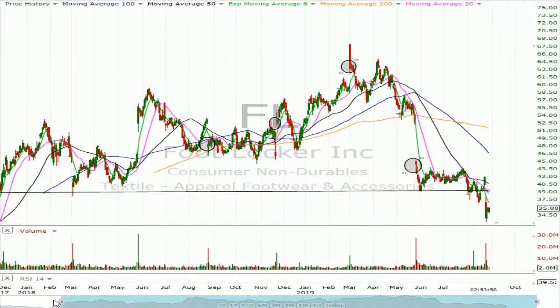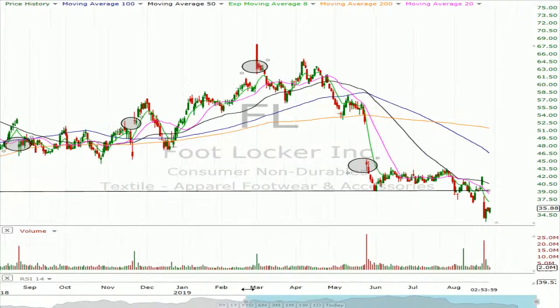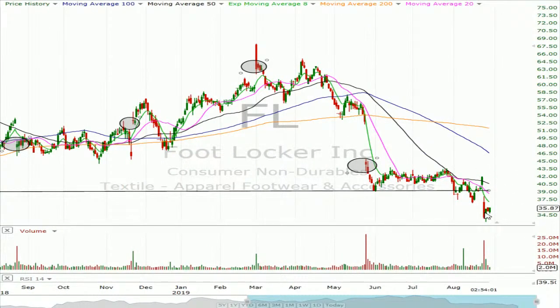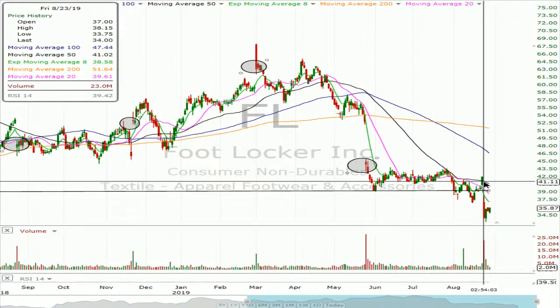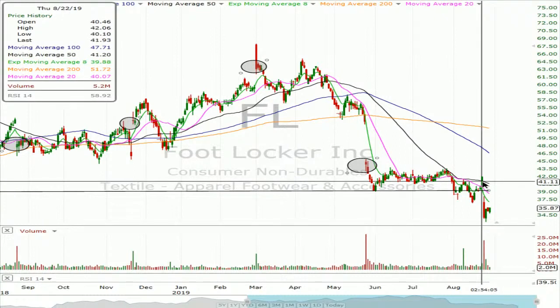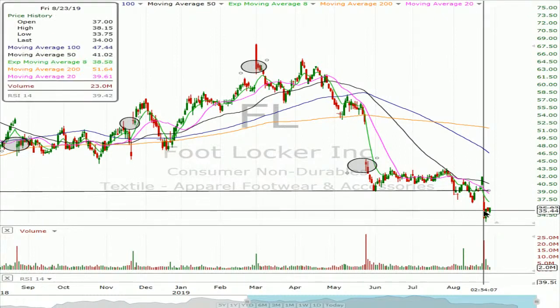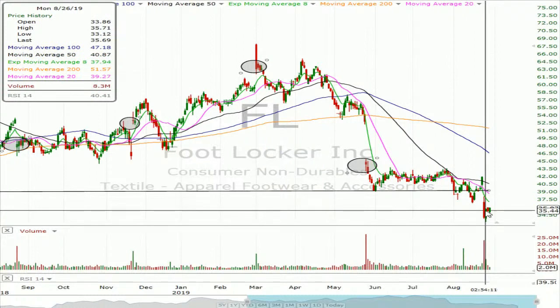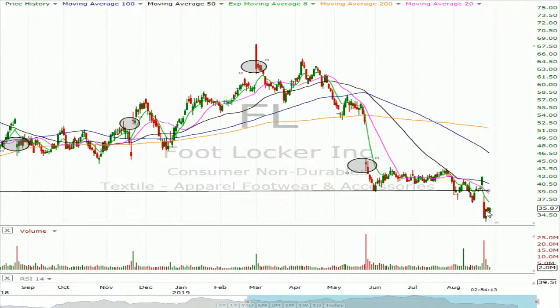So what happened? Foot Locker missed and dropped, and guess what? Guess how much it moved that session? Just about 8 on the dot. It closed at 41.93 the day going in. The next day, the low was 33.12, so it actually moved over 8. It closed at 34, and the low of the next day was at 33, which was about 9 points.